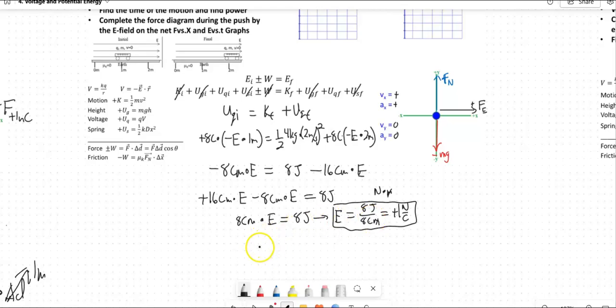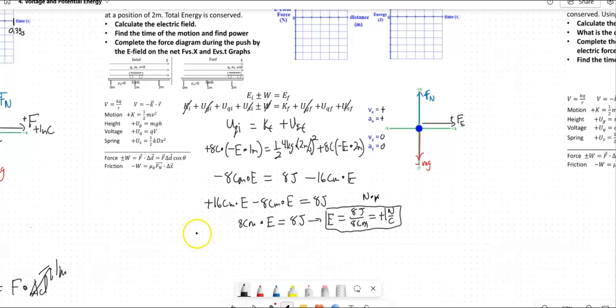Okay, now that we know that, the potential energy of this in the beginning is going to be this part right here. This is the initial potential energy. This, again, is the final potential energy. So initial potential energy is going to be 8 coulombs times negative 1 newtons per coulomb. It's a negative in the front, so negative times a positive.